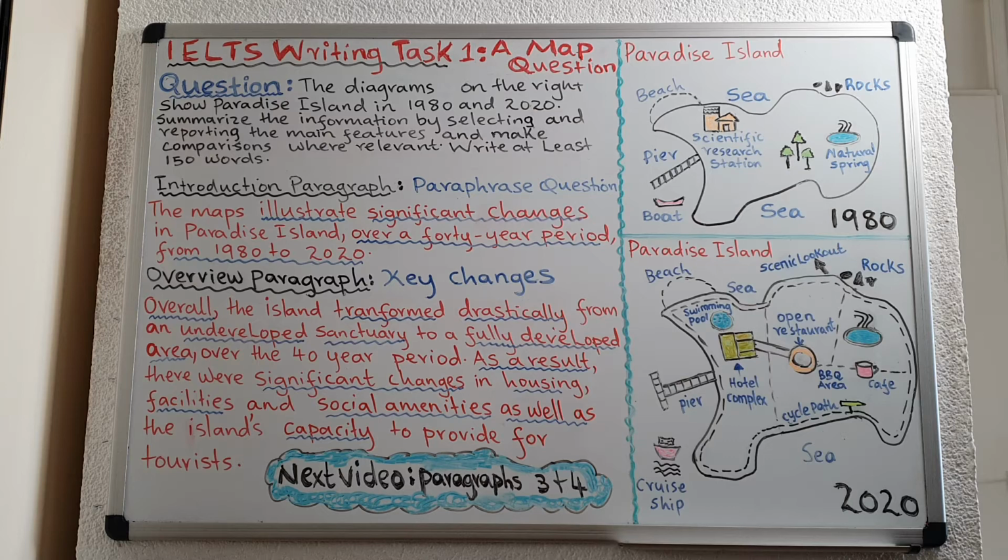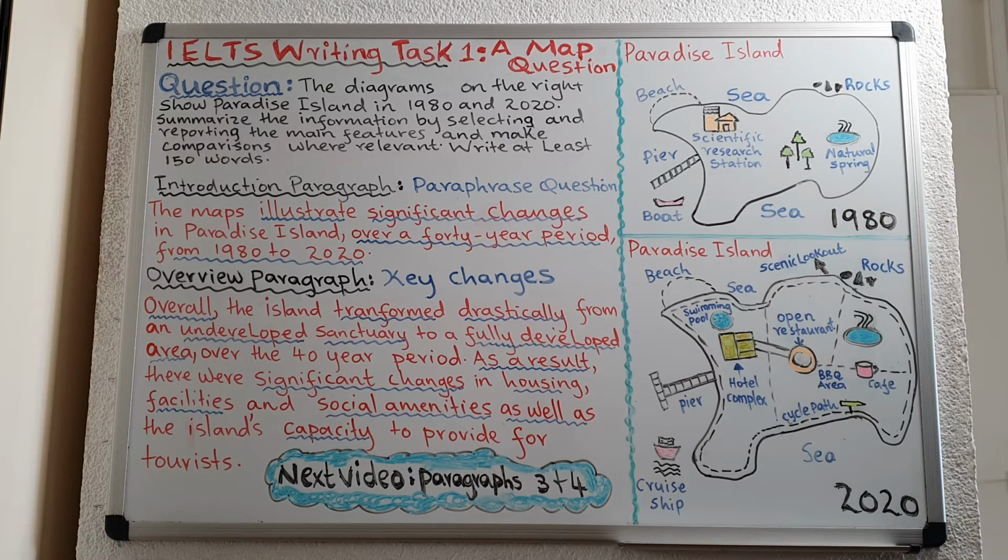Summarize the information by selecting and reporting the main features and make comparisons where relevant. So you're supposed to summarize the data that is provided to you by selecting and reporting the main features and make comparisons. So compare the 2 diagrams where relevant.